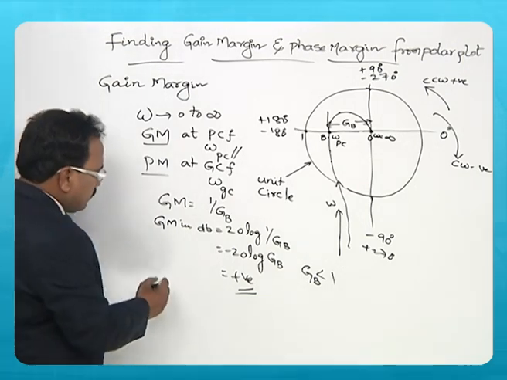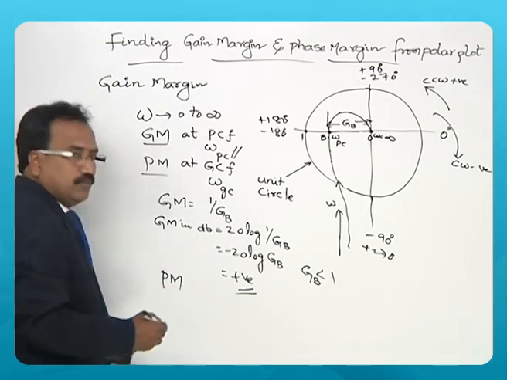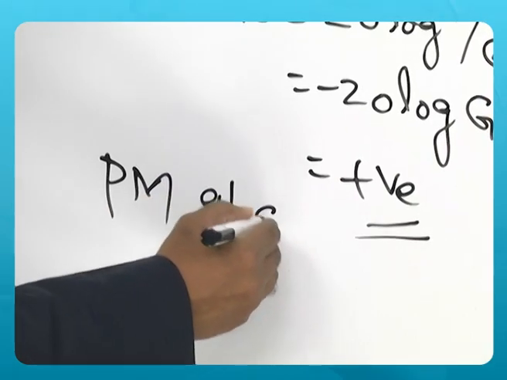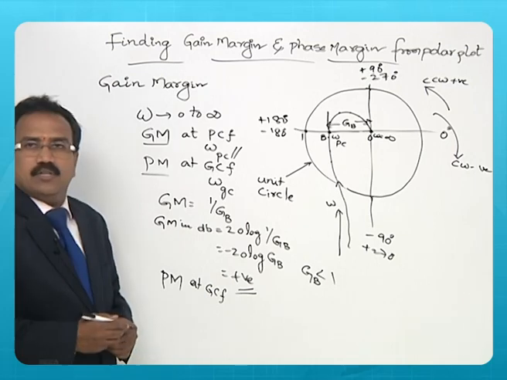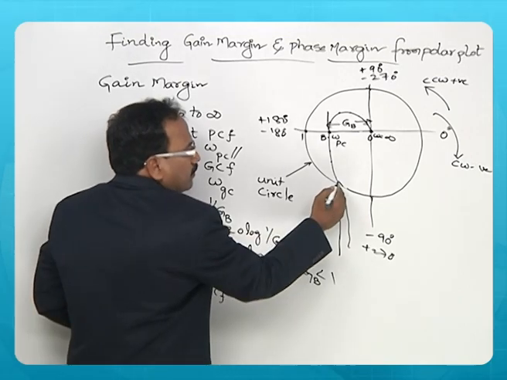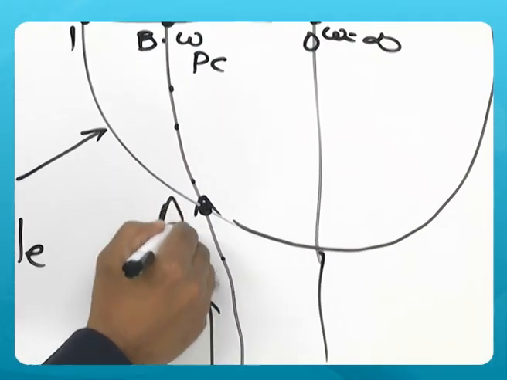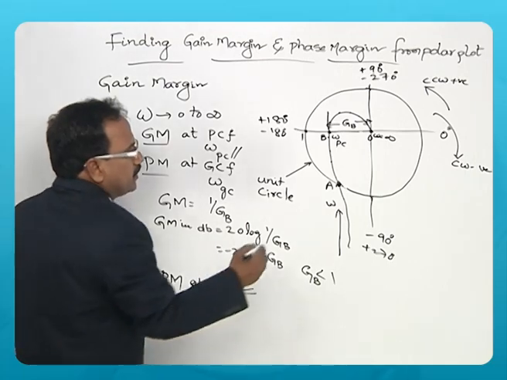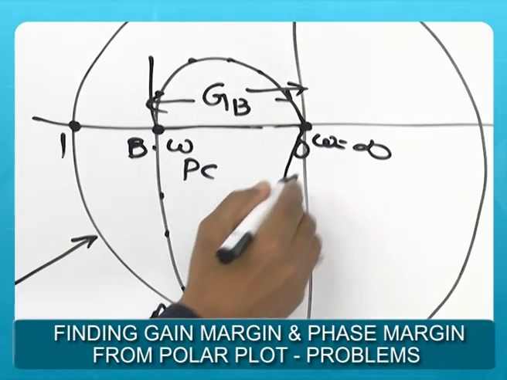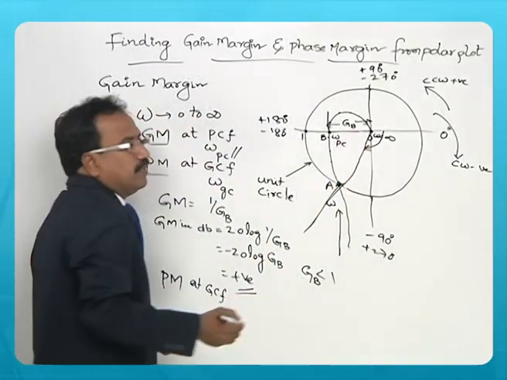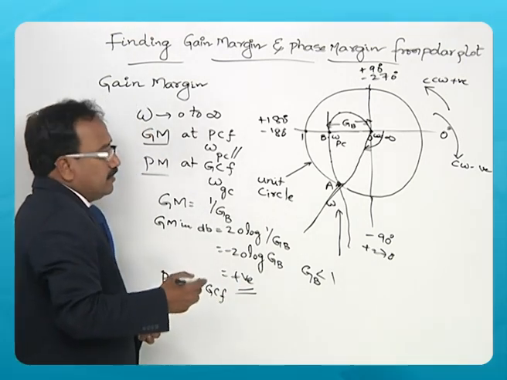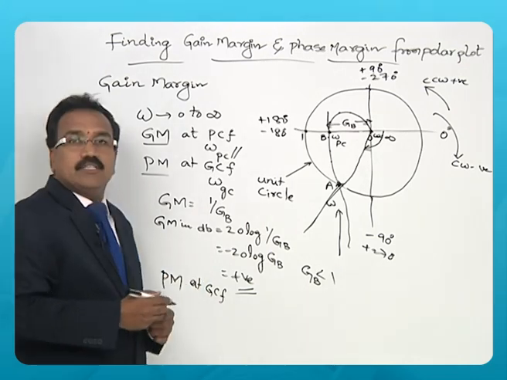Now, coming to the phase margin, this is determined at the gain crossover frequency. Let us say the polar plot being drawn here crosses the unit circle at point A. You draw a line from the origin through that point and measure the angle in the clockwise direction. Draw a line passing through point A, the point where the plot crosses the unit circle.